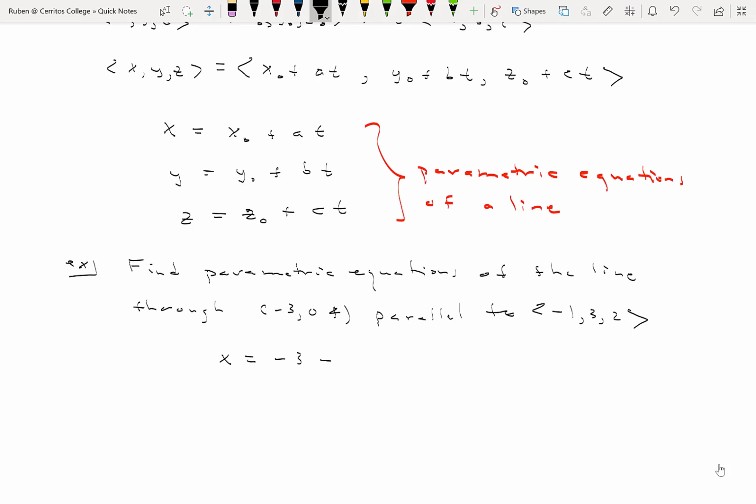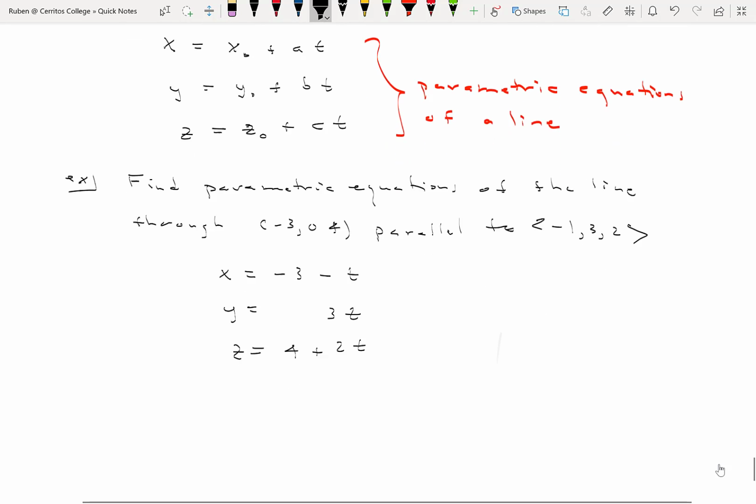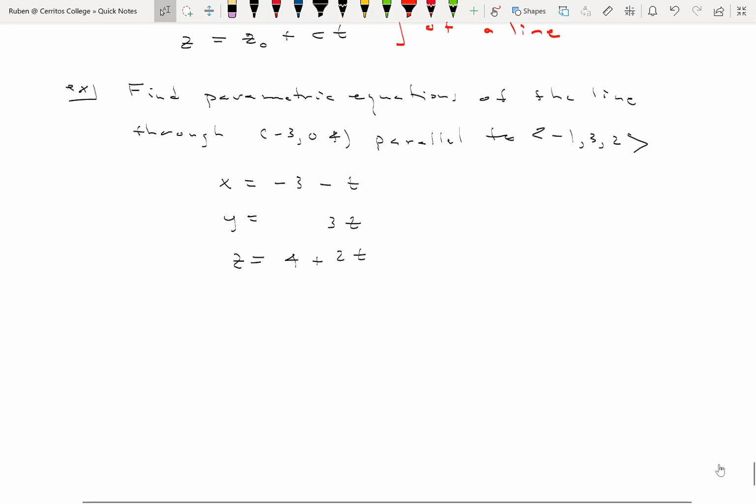Well, a is -1, so minus t. y equals y naught, 0, plus 3t, so y equals 3t, and z equals your initial z value, 4, plus c, the third component of your direction vector, times t. And these three equations, all taken together, give you parametric equations of a line.